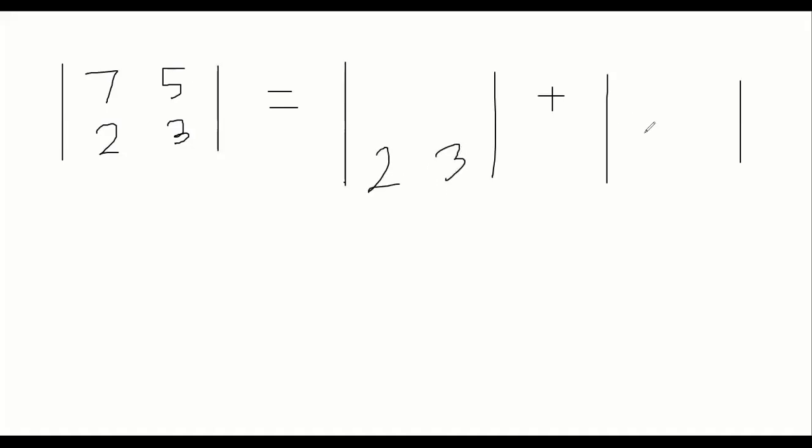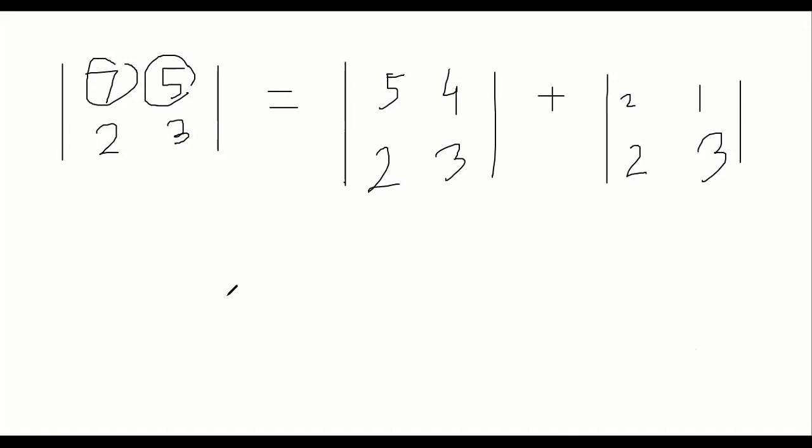Okay, everybody? So in the first row there is 7. I can split it like 5 and 2. Here there is 5; it's my choice. I split it as 4 and 1. Let's see if it is right. So what did I do? The first row elements I split into two determinants.